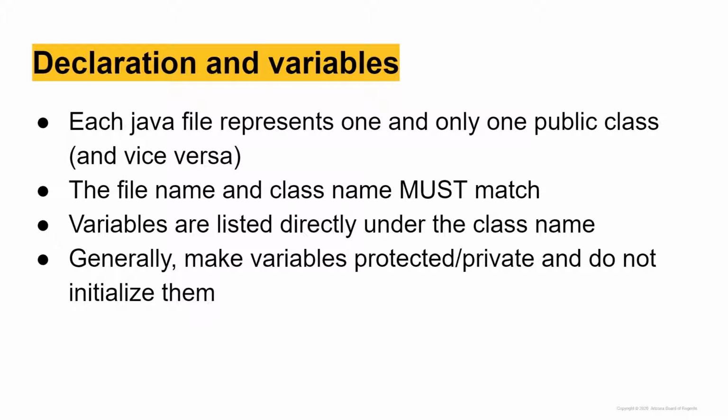Variables are listed directly under the class name. Generally, it's a good idea to make your variables either protected or private as opposed to public, for simple security reasons and to avoid confusion in your code. It's not great practice to have your class variables freely accessed and edited by other classes, especially if you don't trust the people you might be working on a project with.